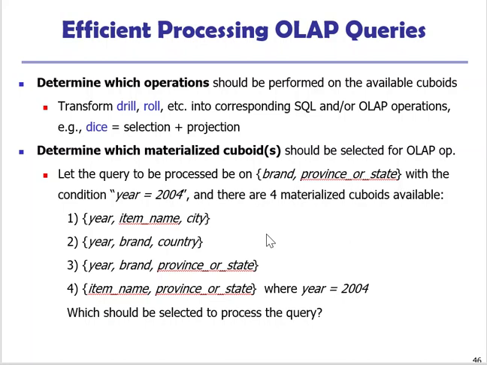So let's pretend that we are the algorithm, and we're going to see how the algorithm is going to proceed to answer this query. So first of all, let's observe that our materialized cuboids have three dimensions. We have a time dimension, we have the item dimension, we have the location dimension. We can see in the four materialized cuboids, the time dimension is consistent at the year level.